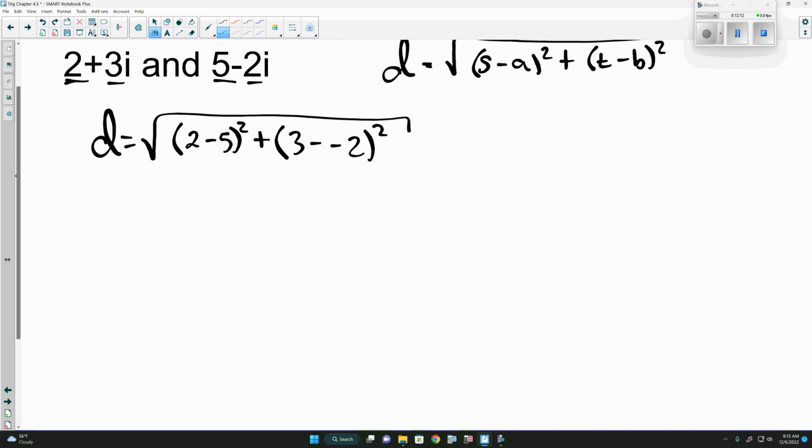But then we're just calculating this here. And again, at this point, we could have just plugged this all into the calculator, let the calculator figure it out. Negative, negative, make a plus. So here, 2 minus 5 is 3, and 3 squared is 9. Plus 3 plus 2 is 5, and 5 squared is 25.